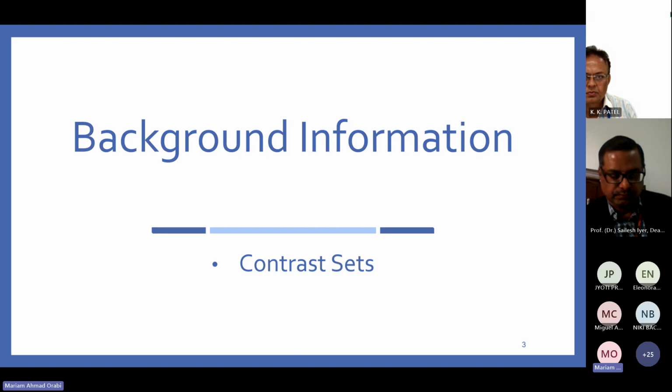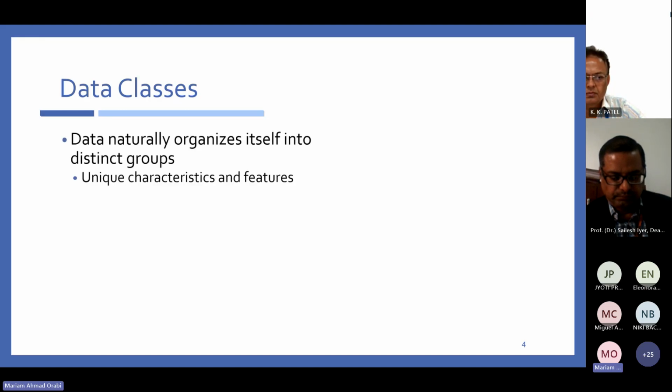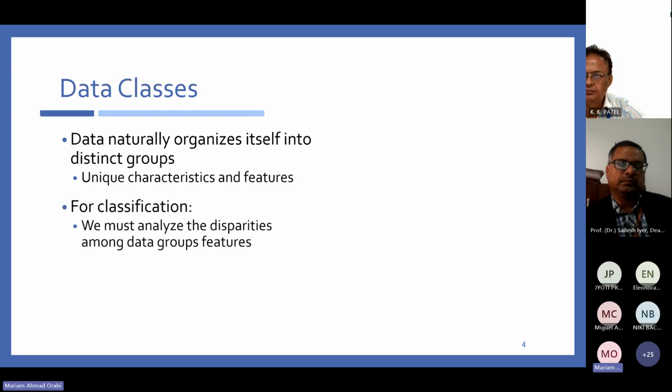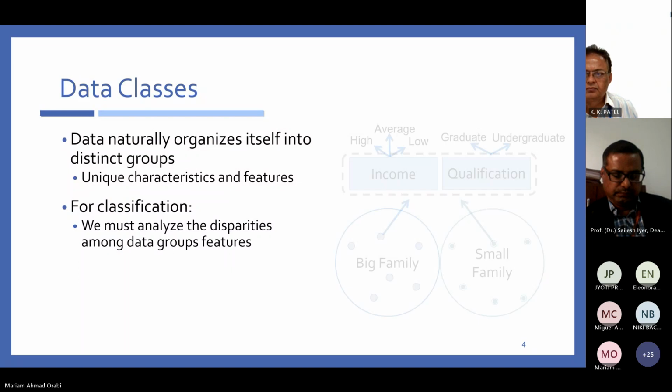For the background information, we'll talk about contrast sets. There are data classes, which means that data naturally organizes itself into distinct groups. Each group has unique characteristics and features. And for classification, we must analyze disparities among data groups' features.